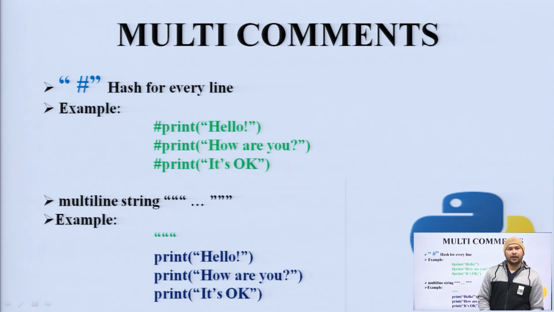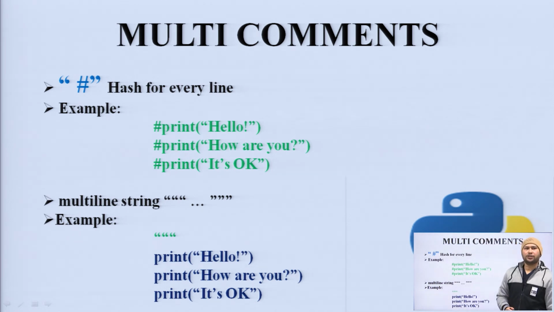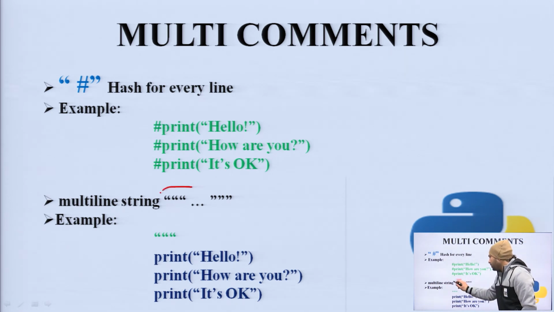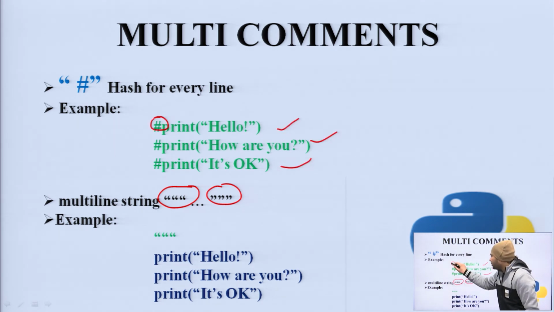Next thing is, if we need to do multiple comments. One way is, in every line you need to put the hash symbol at the very start, or you can use triple quotation marks. This triple quotation mark will represent that it is a comment. So, look at this one. When we have 3 lines, we are putting hash, hash, hash.